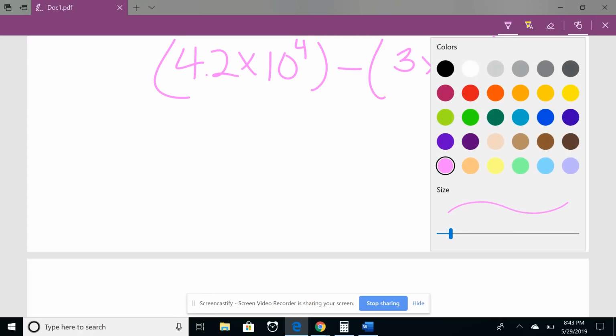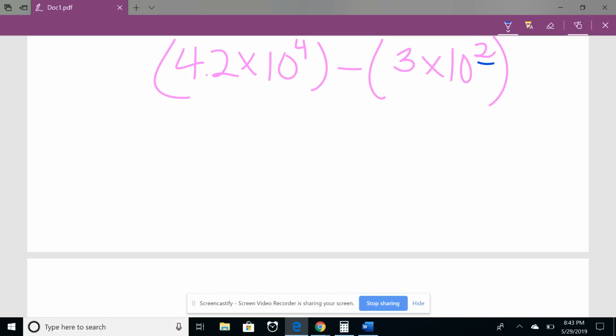So we want the same exponent. So I have to catch this 2 up to the 4. So I want to have 10 to the 4th.